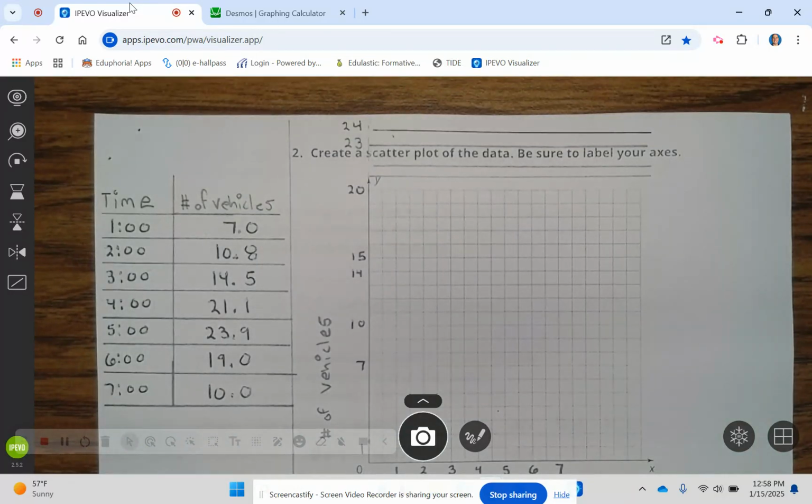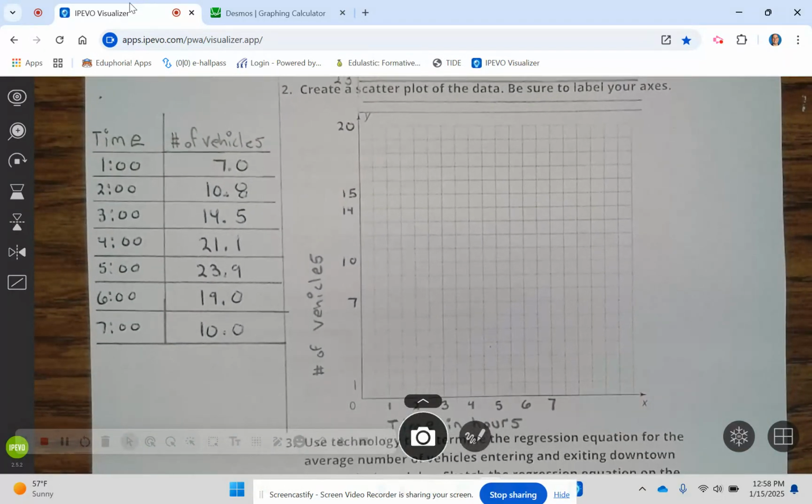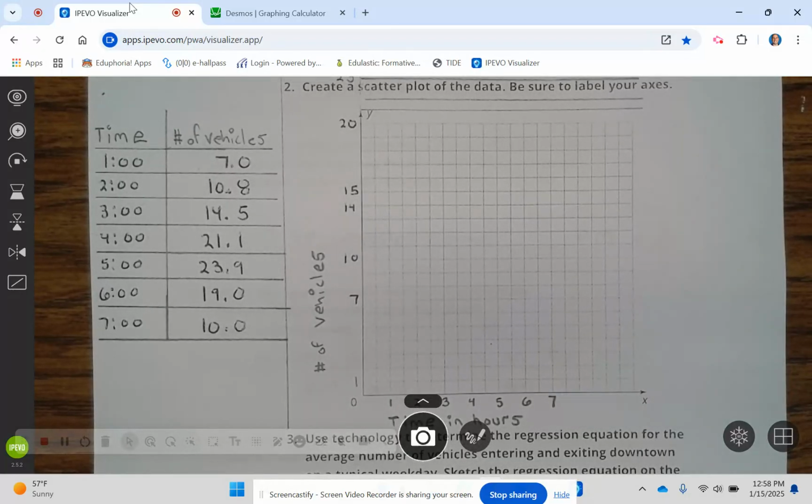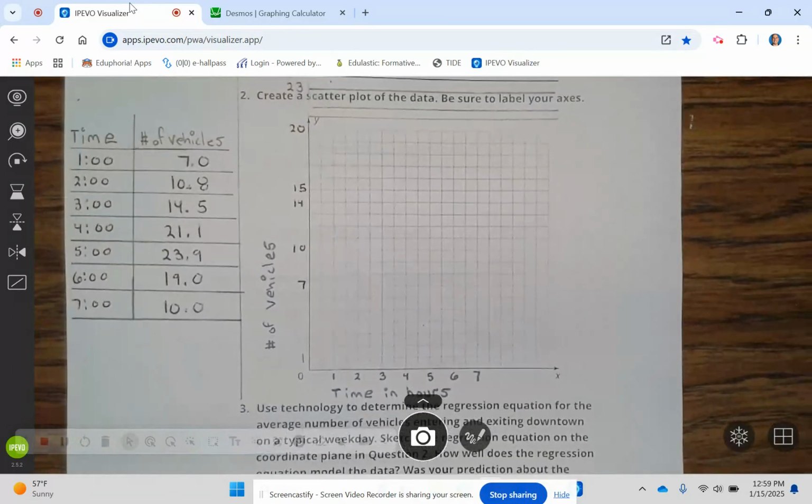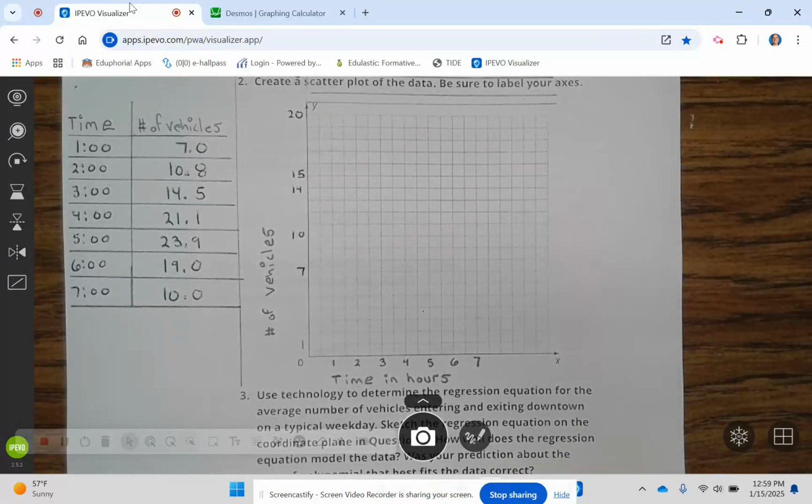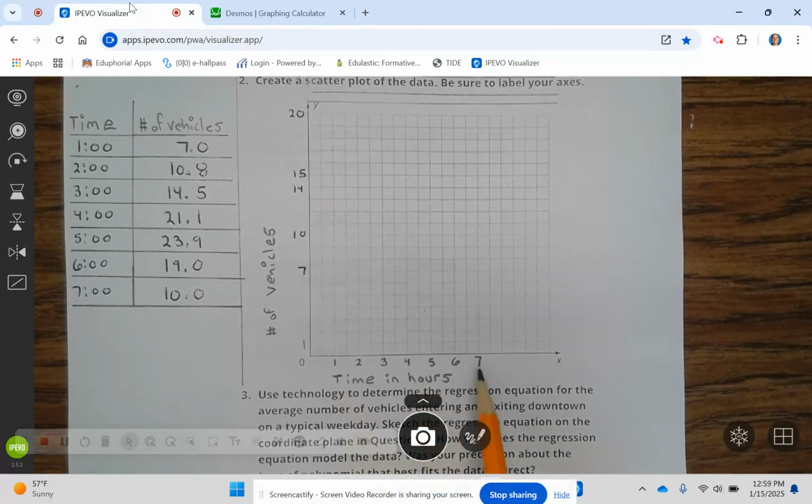Two, create a scatter plot of the data. Be sure to label your axis. All right, I've rewritten the table on this page so you don't have to keep flipping the pages back and forth. Let's go ahead and graph those points on the table. Okay, I've also labeled the scale from 1 to 7. This is time in hours.